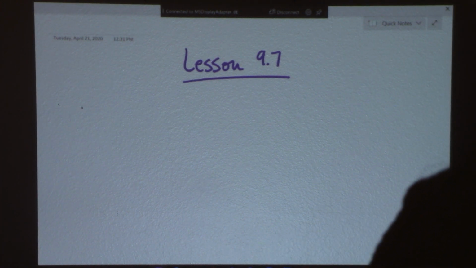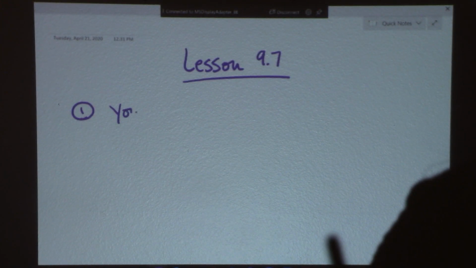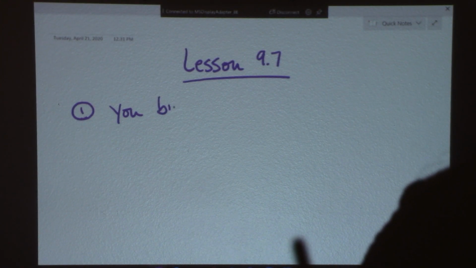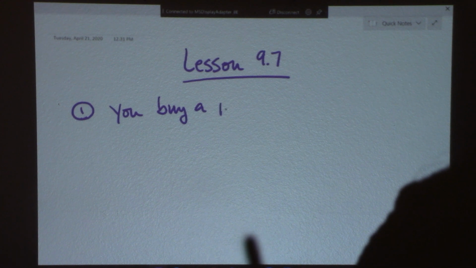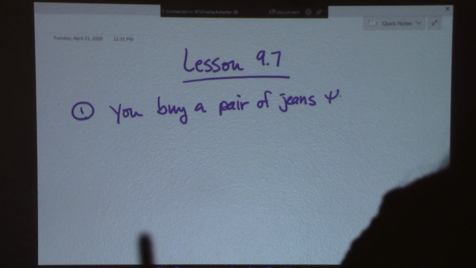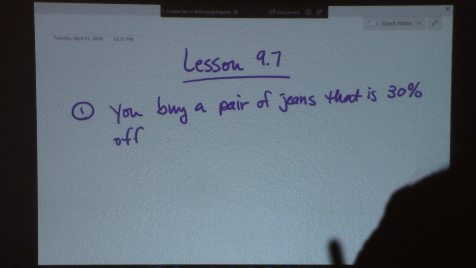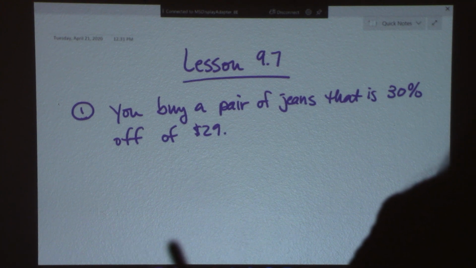So let's do the first one. The first one is about how to figure out a sale price. So here's our situation. You buy a pair of jeans that is 30% off of $29.